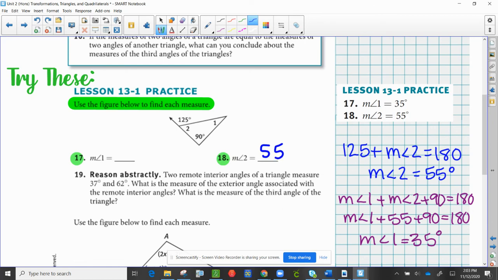And then I use that value for angle 2 to find angle 1 because angle 2 and 90 plus angle 1 have to give me 180. So that makes angle 1 35 degrees. So again, the big takeaway today is knowing those types of angle relationships, especially the exterior angle theorem.